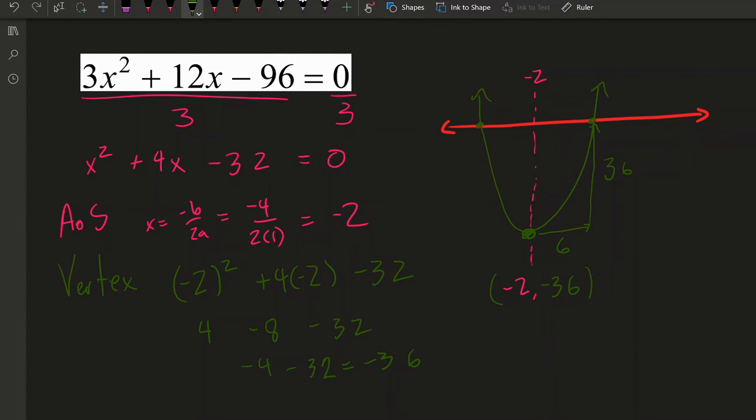So if I start here at -2 and I move to the right by 6, I'm going to land right here at +4. If I move to the left by 6 to get the other intersection, starting at -2 and moving to the left 6, I would get -8. So my solution to this one would be x is equal to -8 or +4.